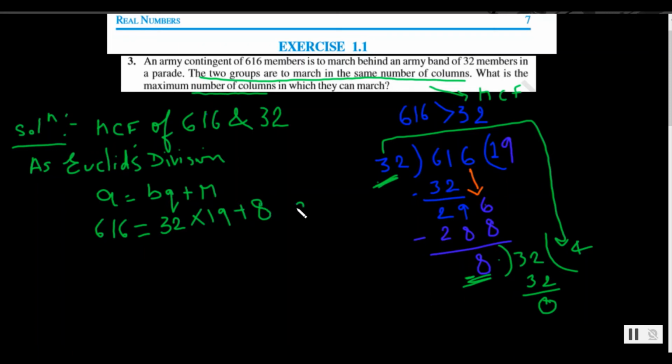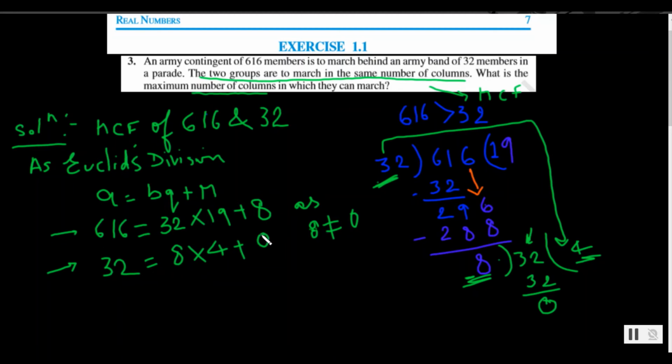As 8 is not equal to 0, hence we'll go to the step 2 where 32 is the dividend and 8 being the divisor, the quotient is 4 and the remainder is 0 and we'll get the answer.